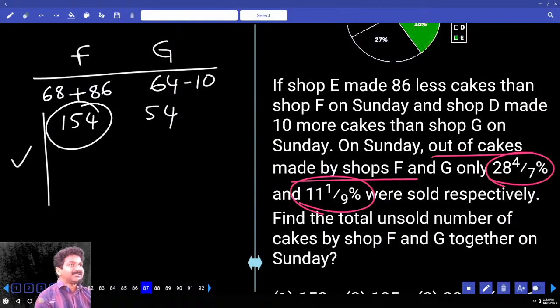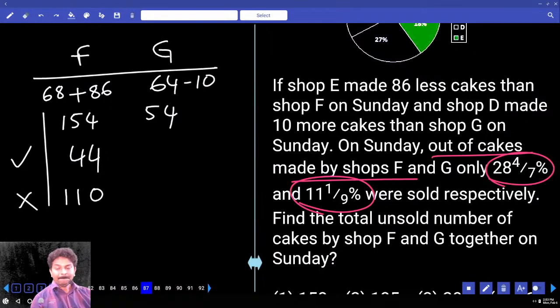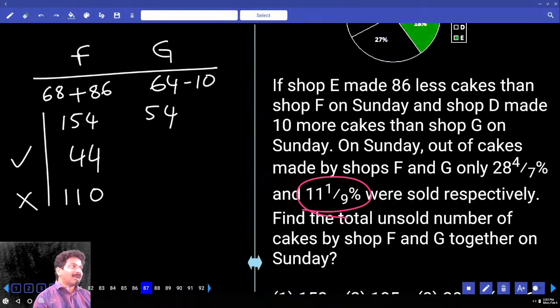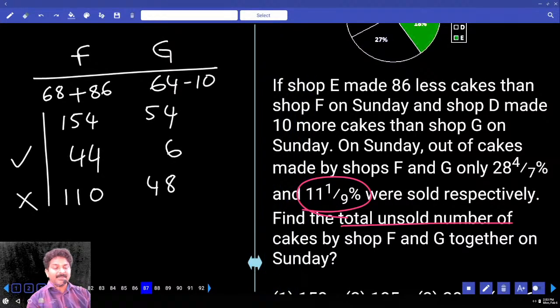What is 1/7th? 22. 2/7th? 44. 44 are sold, then unsold are 110. On G, 11 1/9% are sold, that is 1/9th of this number. 6 are sold, then unsold are 48. The question is total unsold from F and G. Total unsold are 158.